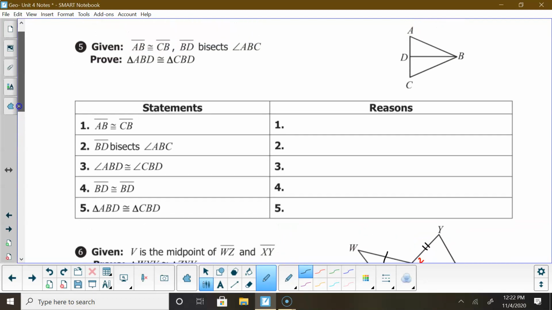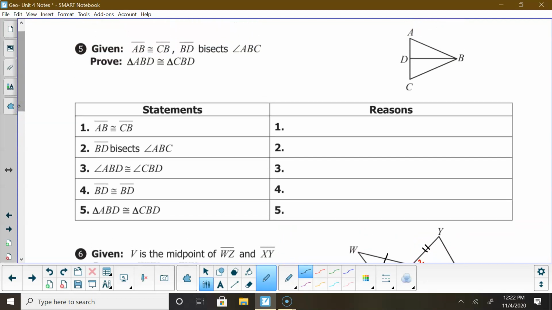Alright, so I have AB is congruent to CB, and that's given. And then I've got BD bisects angle ABC. So, what does a bisector do again? Yeah, it cuts them in half, right? So that means ABD, angle 1 up here, is the same as angle 2 down here.